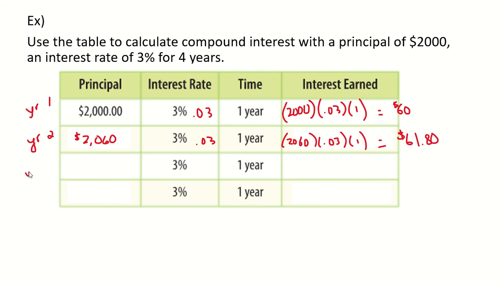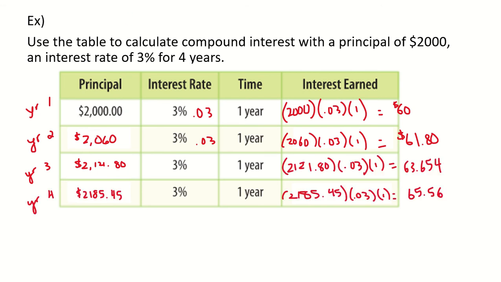So at the start of year number 3, you had 2,060 plus you earned a bonus $61.80. That's going to be $2,121.80. Okay, you can finish up this table at this point. Try it on your own and I will fill it up myself.